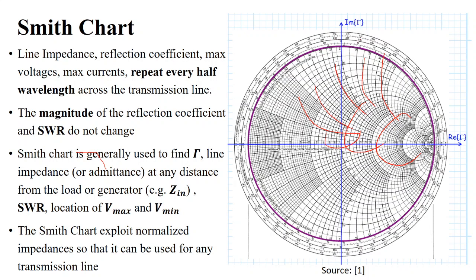Because you know that when you move lambda by 2, this will elapse the whole phase, this will move through 2 pi.